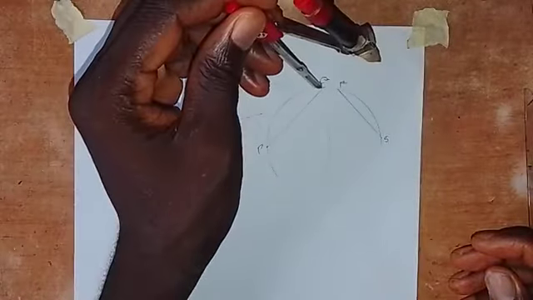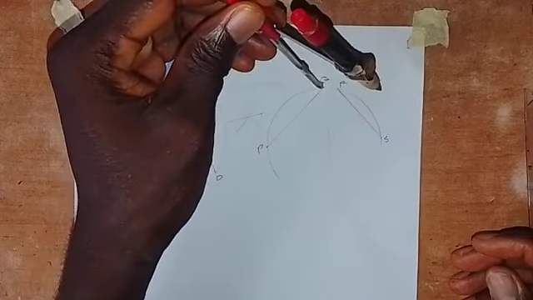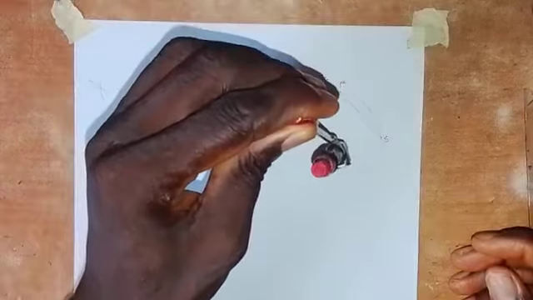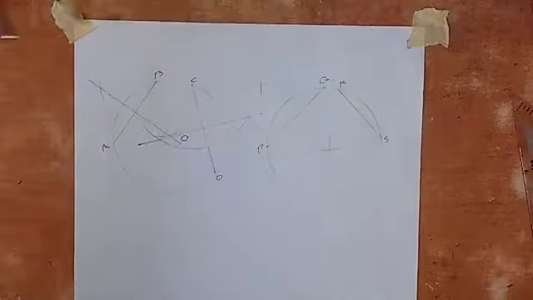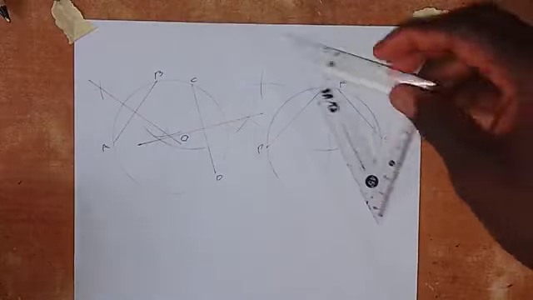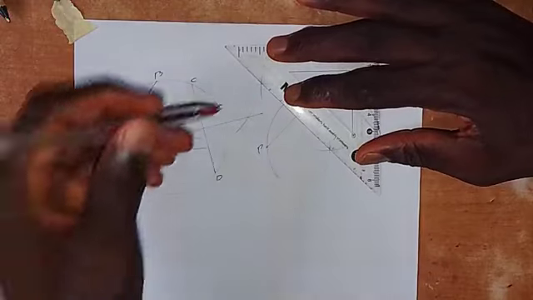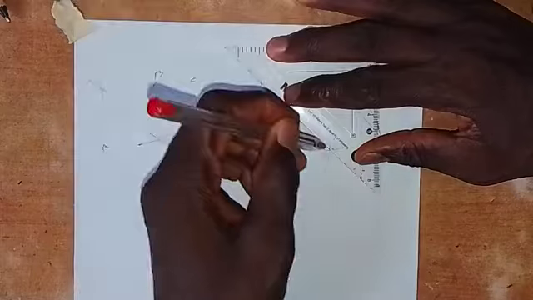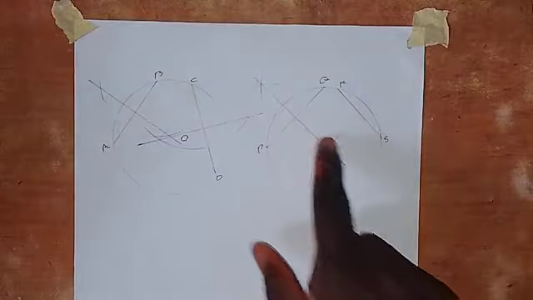Then with the same radius, put the pin at Q on the circumference of the circle. So draw an arc here, and then we draw an arc here. Let's draw the bisector of PQ by connecting the points of intersection of the arcs together. So this is the bisector of PQ.